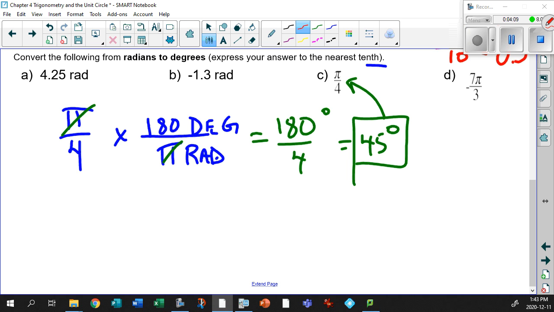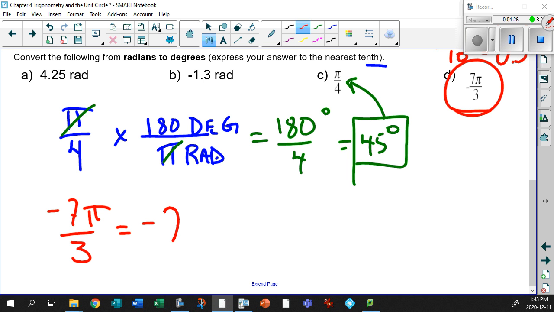Watch this guy. This is now negative 7 pi over 3. This is where you got to be a little smart when you're thinking about what negative 7 pi over 3 is. Isn't negative 7 pi over 3 the same as saying negative 2 1/3 pi? Yeah. Same idea, right?